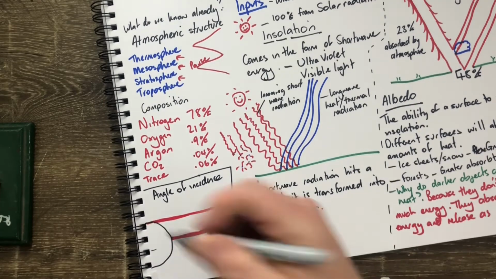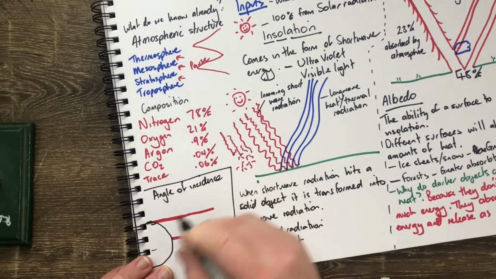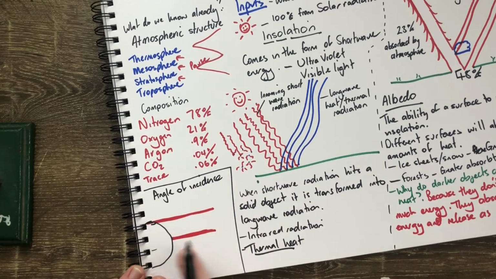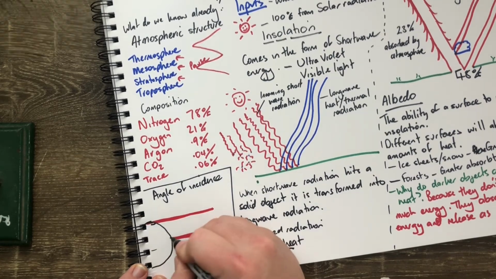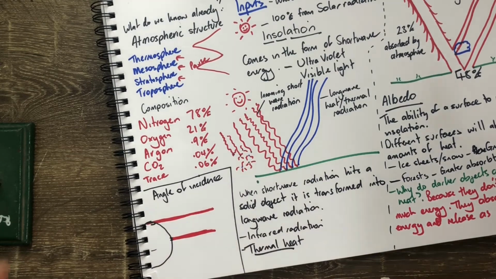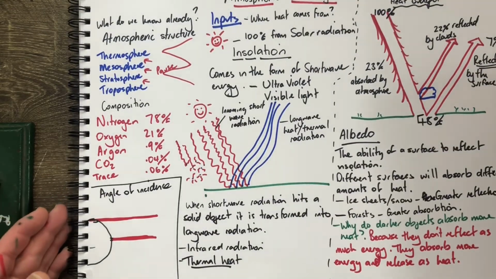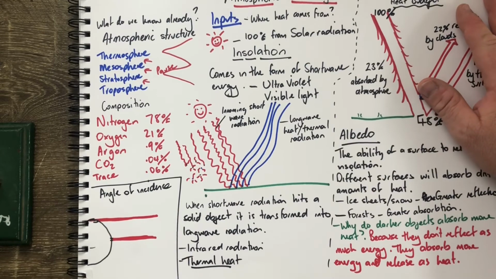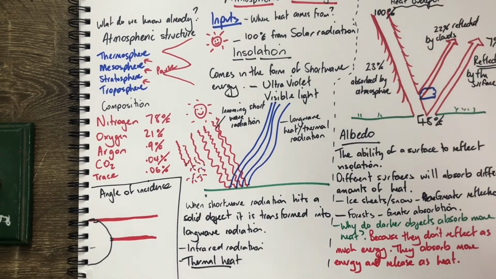So at polar regions, that same amount of energy that the equator receives has to cover a much wider area, so therefore it receives a lot less energy. So that's the heat budget for today. What I'd like you to do also is, if you want to have a look at your textbook, page 140 to 143, have a little read, and that will do us for today.